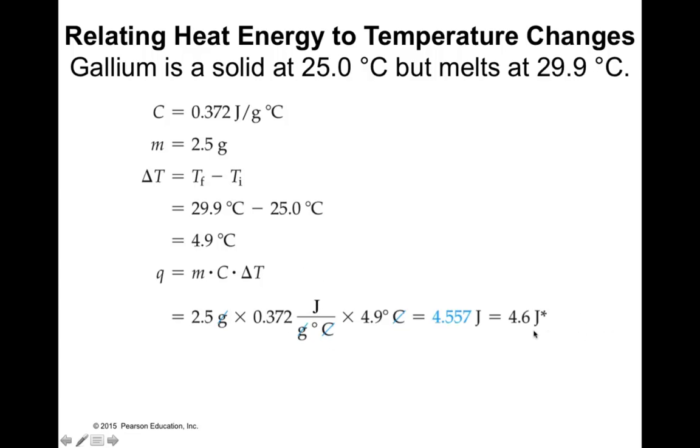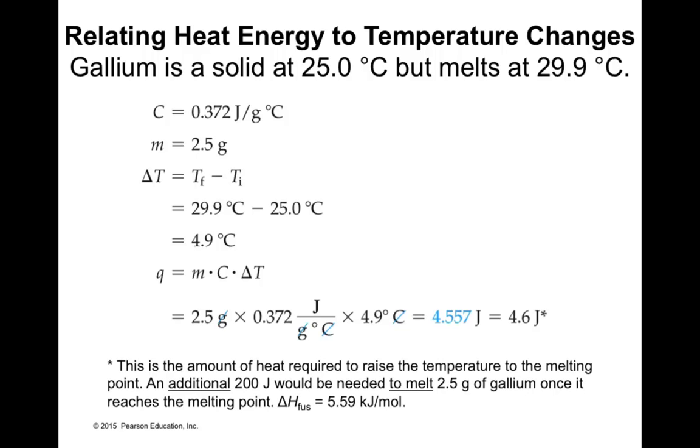Okay, that is the units of the heat. Basically the units of heat also are joules. So this is the amount of heat required to raise the temperature to the melting point. An additional 200 joules would be needed to melt 2.5 grams of gallium. Once it reaches the melting point, the delta H fusion is equal to 5.59 kilojoules per mole.